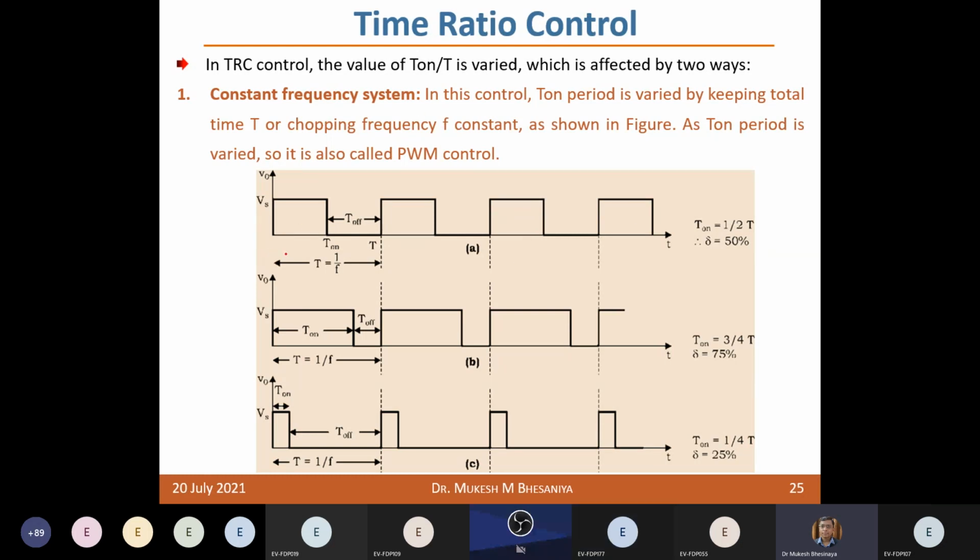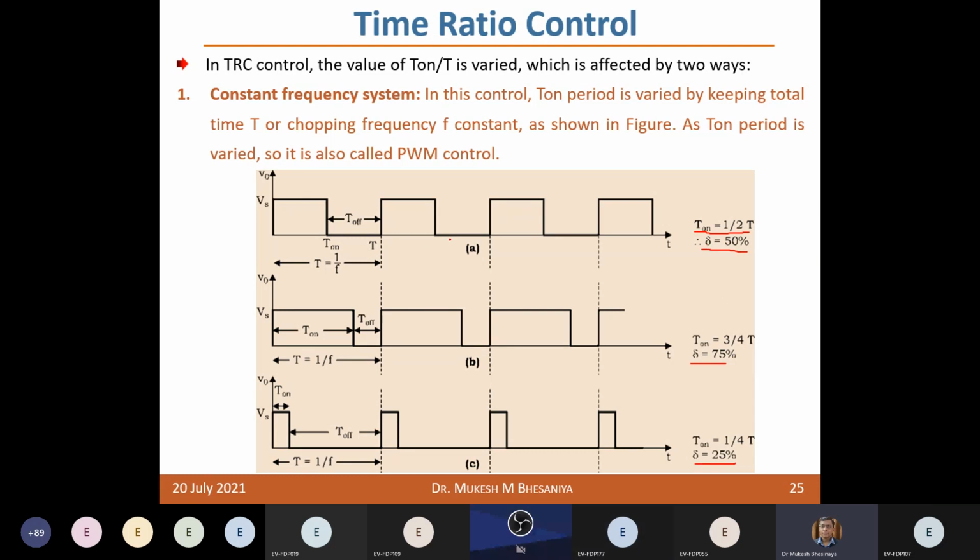Here in this control, you see the different waveforms we have for different duty ratios. Here T1 is 1 by 2 T, that is delta is 50%. Here it's 75% and here it's 25%.